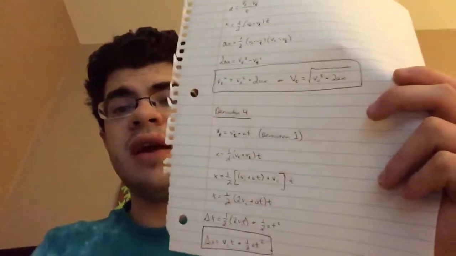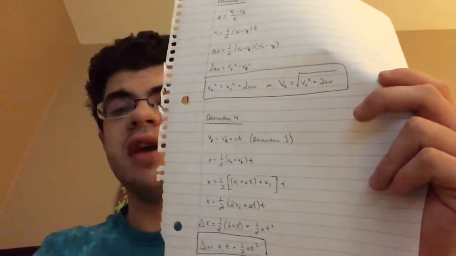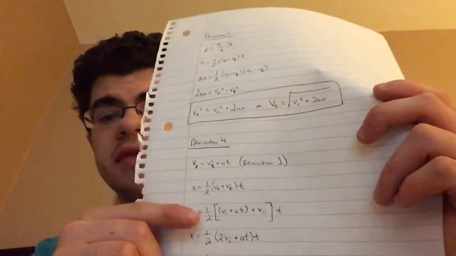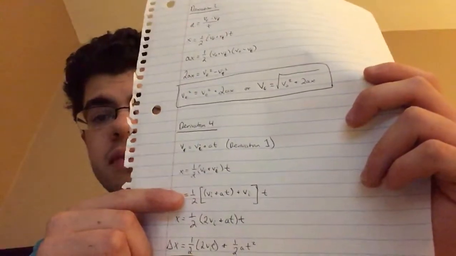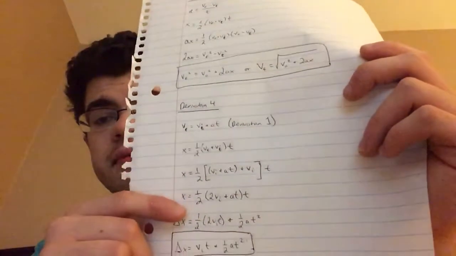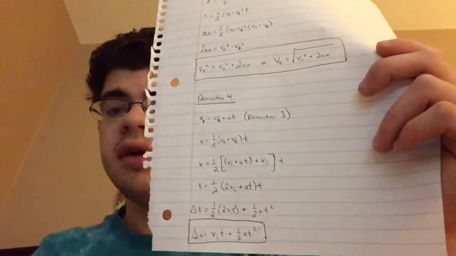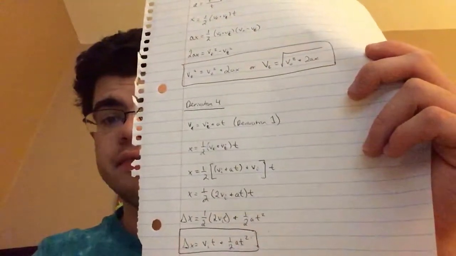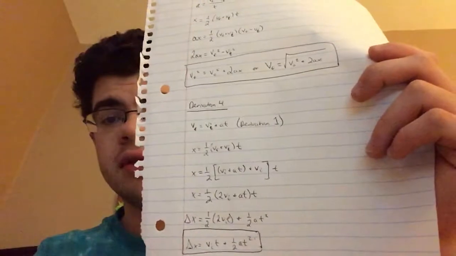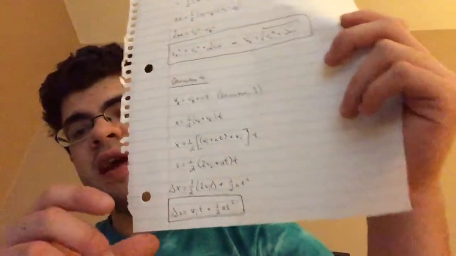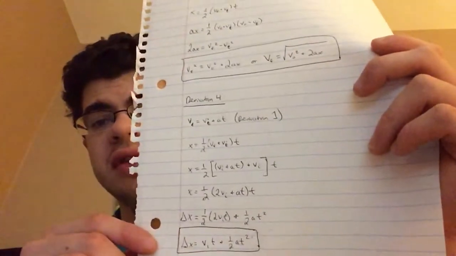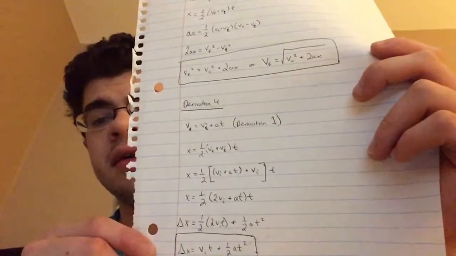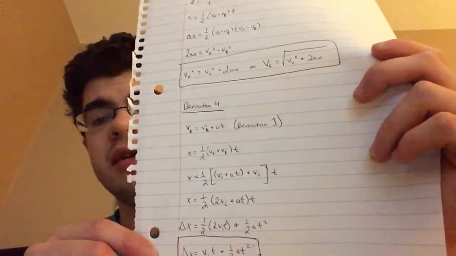So vf is still equivalent to vi plus at, so we put that in for the x equation, and we get this. And then we collect like terms, and we get x equals 1/2 times the quantity 2vi plus at, times t. Then we break it down. And finally, after simplifying everything, we get delta x equals vi t plus 1/2 a t squared.